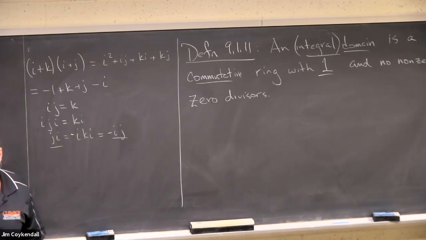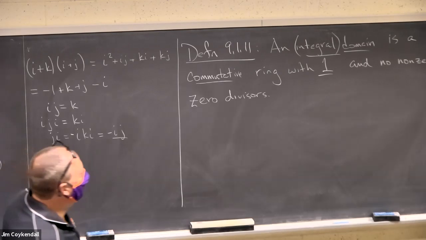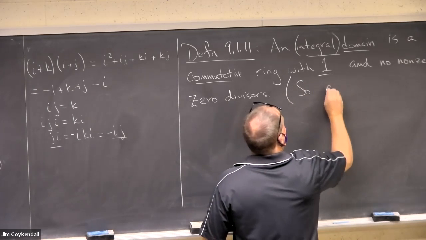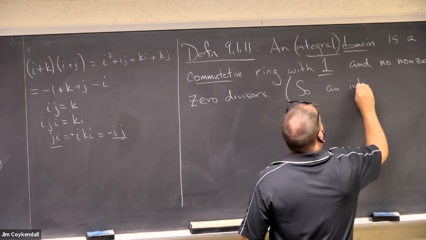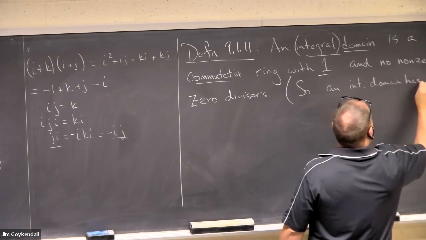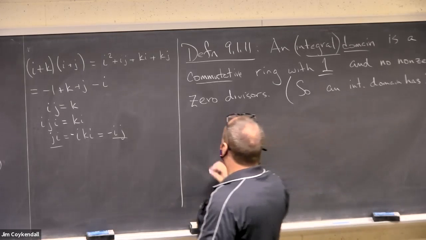Okay, an integral domain: commutative ring, identity, and no non-zero zero divisors. So what that means is an integral domain has one.